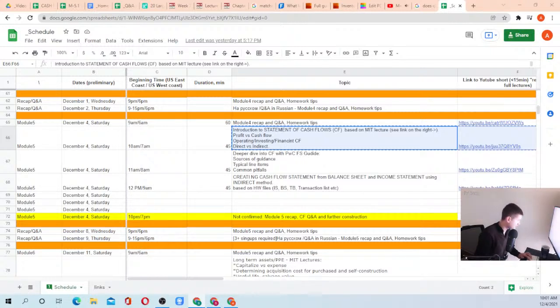One on Messenger. One on Telegram. And one on email.